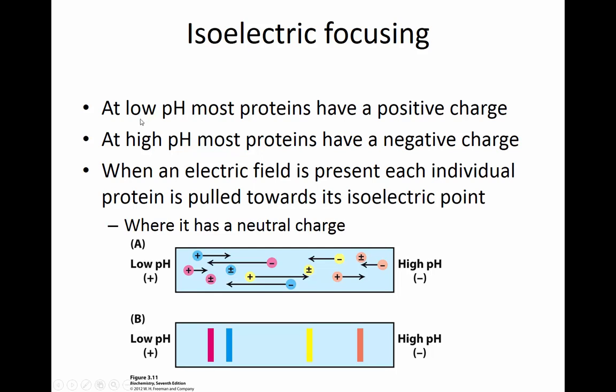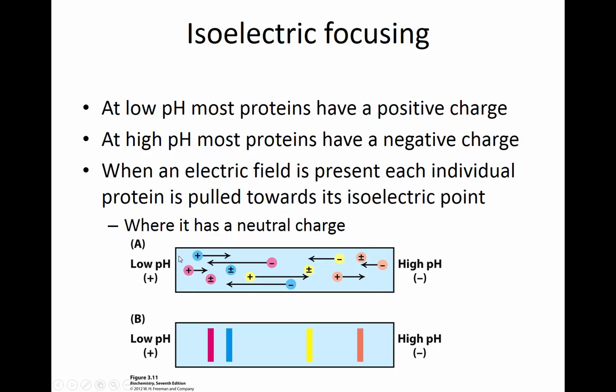Okay, so again, isoelectric focusing, the first step in 2D gel electrophoresis here. At low pH, most proteins have a positive charge. At high pH, most proteins have a negative charge. And when an electric field is present, each individual protein will be pulled towards its isoelectric point, wherever it's got a neutral charge.